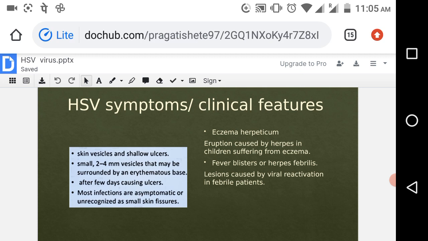They are caused by viral reactivation in febrile patients. Recurrent infection of this virus is responsible for this symptom. If the person is getting this infection recurrently and often, then that can be distinguished as fever blisters or herpes febrilis.